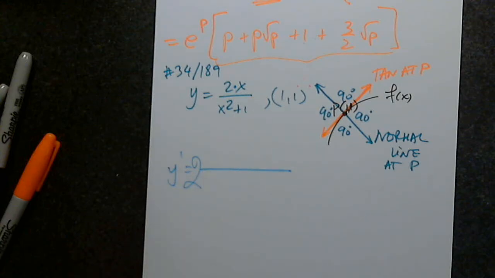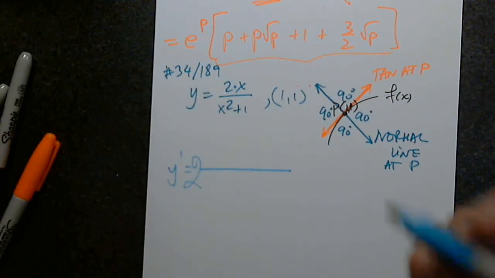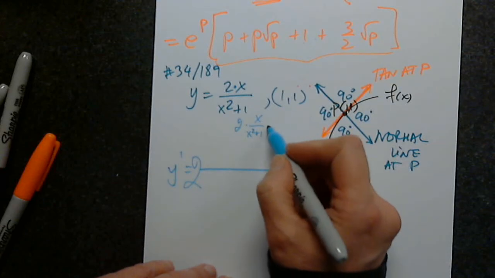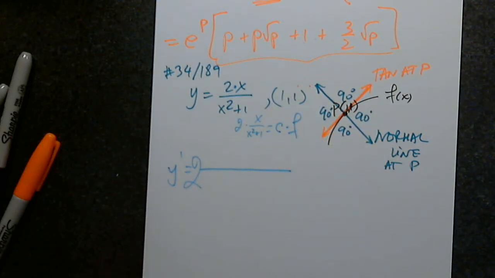But since it's a factor, I want it to wait for us patiently outside. So imagine this function can be rewritten as 2 times x over x squared plus 1. So this is the constant times the function. Simplifies things a little bit.